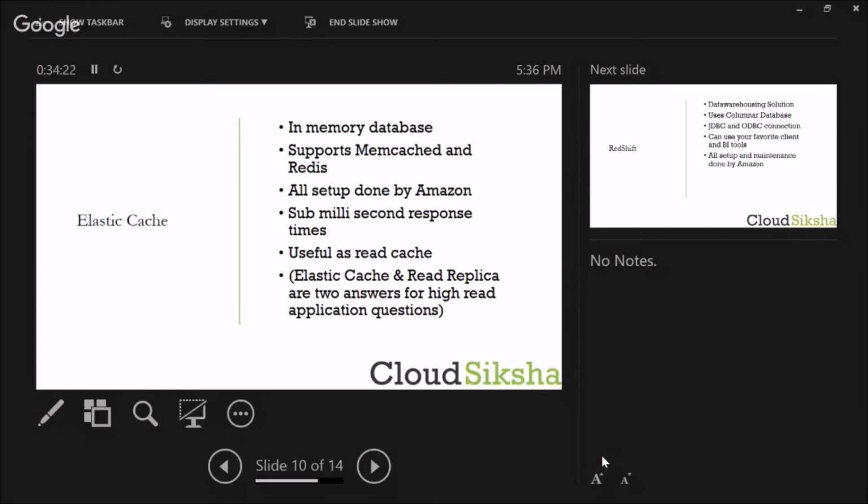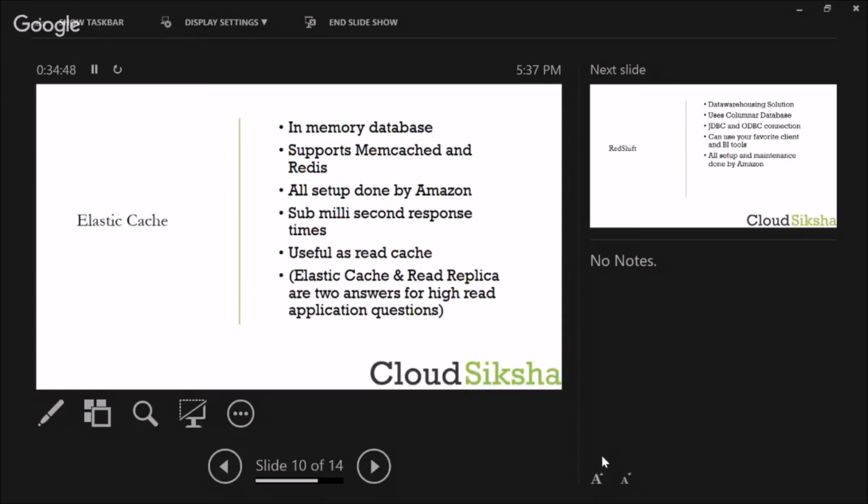So whenever you see such read-based questions, you know that Elastic Cache is going to be one of the answers. That's the level at which I generally see questions on Elastic Cache. They don't go much deeper. Just remember this supports Memcached and Redis.